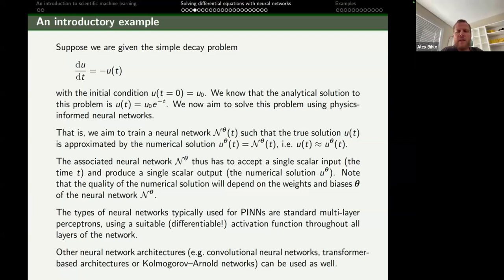It depends, obviously, on what problem you're interested in solving, but it also depends a little bit on what the underlying domain of the problem is. So yes, people have used graph neural networks as well. It's just that I think the most standard thing people would be using would still be multi-layer perceptrons.